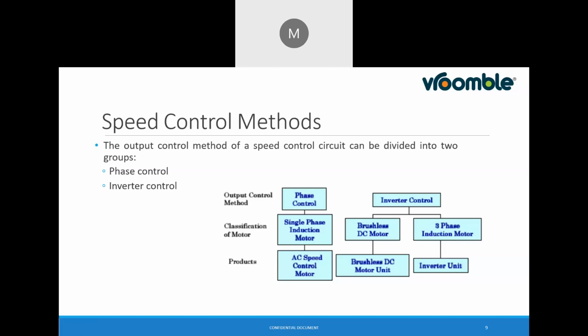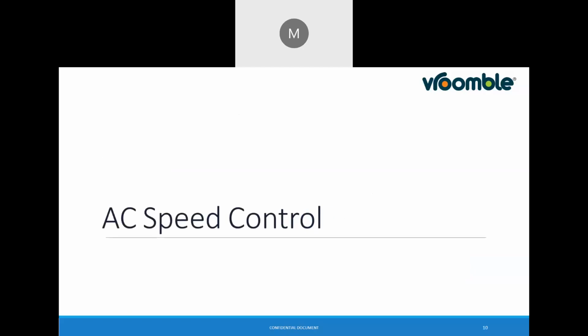Generally, phase control methods are used for single phase induction motors or AC speed control motors, like the fan at our home. But inverter control motors are basically brushless DC motors or three-phase induction motors, and you need to use either the DC motor unit or the inverter unit for controlling the motors.